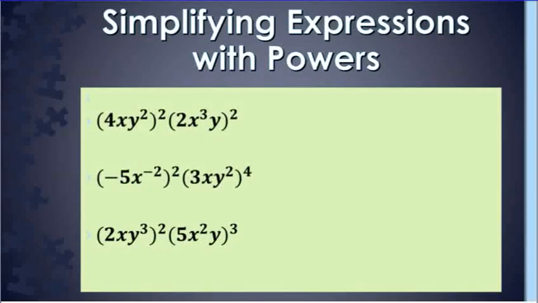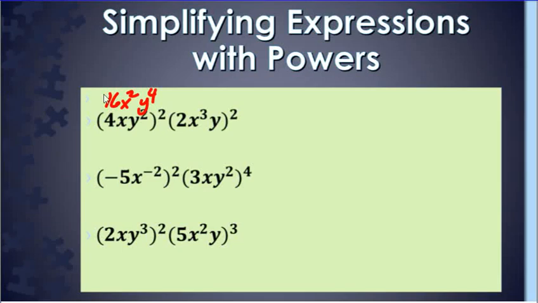Then simplifying these expressions where we have multiple terms. Now for these, you first need to simplify the exponents before you can do some multiplication. So 4 squared would be 16. Then it's x squared, y to the 4th.